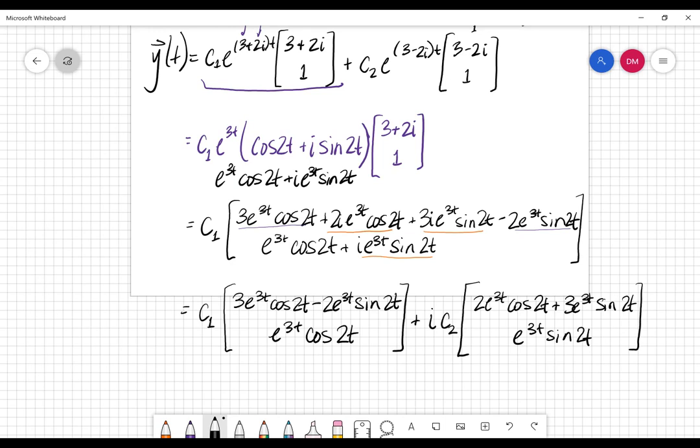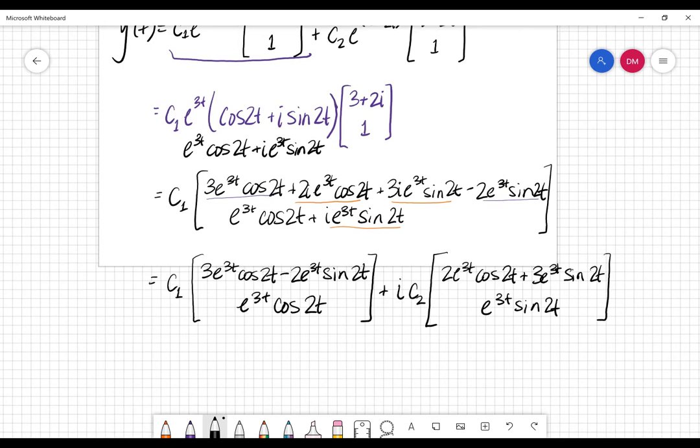Okay, now typically what we also like to do with these answers is pull out that common factor of e to the 3t that we can bring out of this. I'm just double checking everything here. Okay.